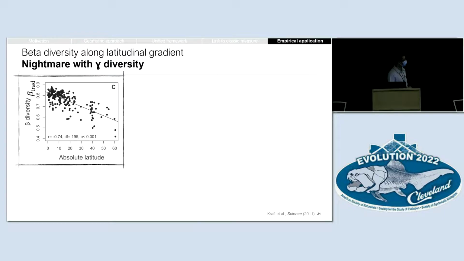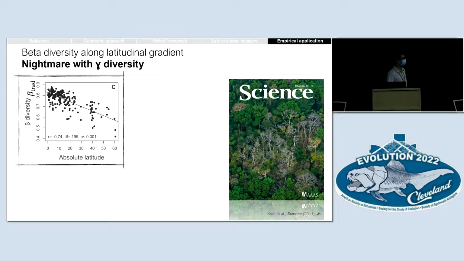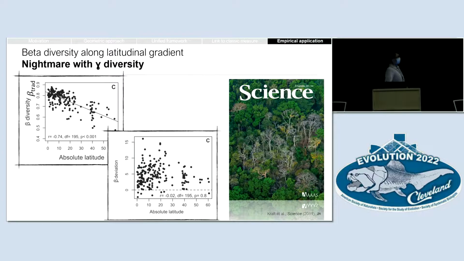Each point represents a different plot. It's clear that we see declining diversity along absolute latitude. However, in this now classical paper by Nathan Kraft and his colleagues around 10 years ago, they normalized this beta diversity by doing a z-score normalization, basically to control for the gamma diversity, and they saw no pattern at all in beta diversity along the latitudinal gradient.